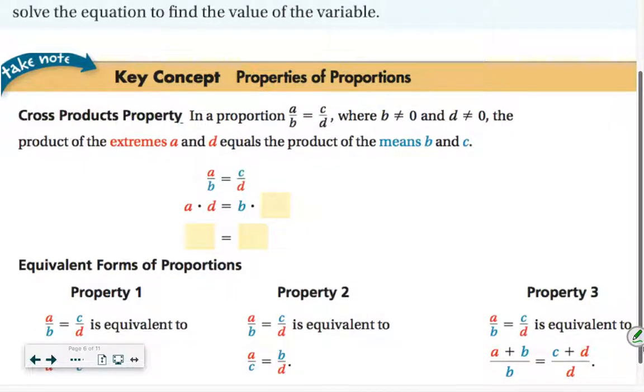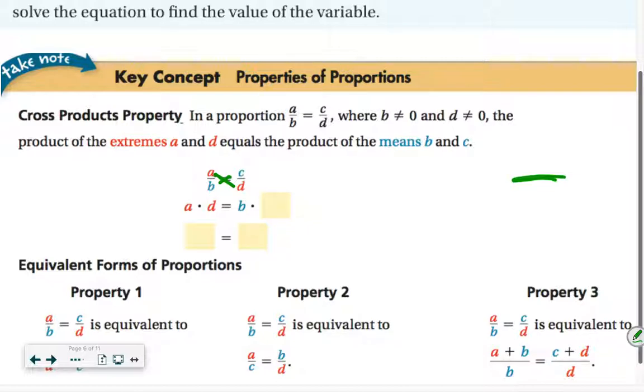Mine are red: top left, bottom right get multiplied, and the blue ones, bottom left, top right. You're always going cross when you multiply.